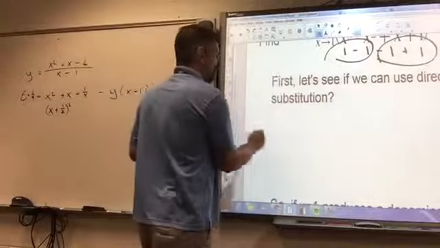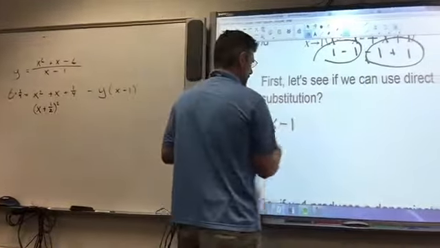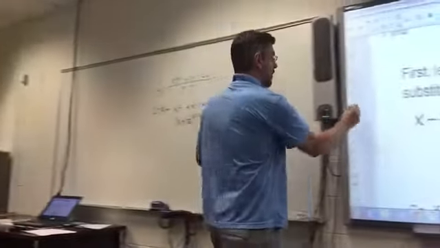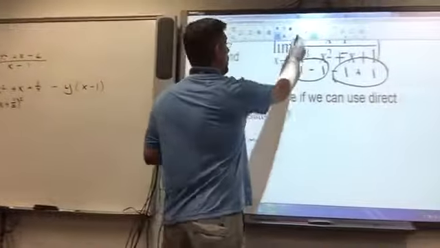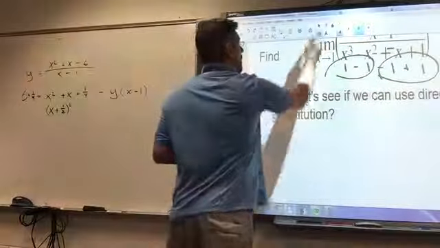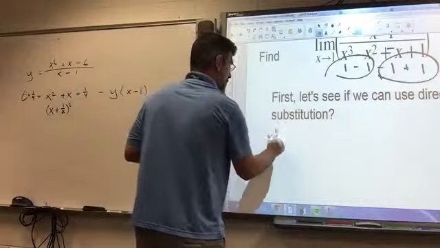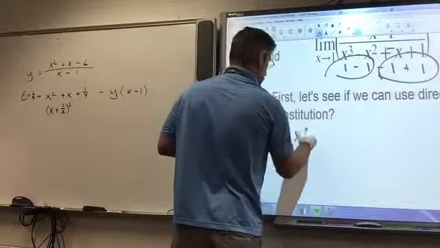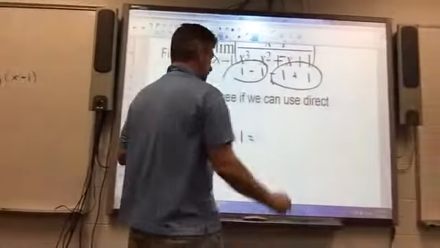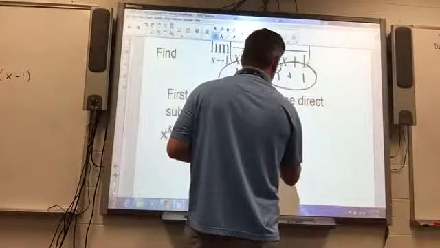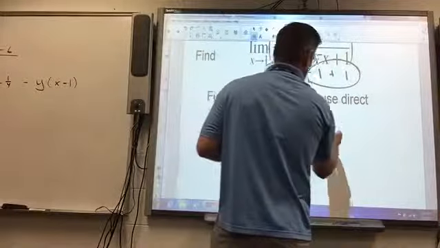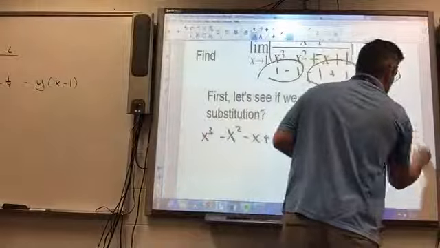Because 1 is a 0 of my denominator, what does that mean? What does that say about the expression x minus 1 when I relate it back to the denominator? This is polynomial stuff here that we're talking about. So, x cubed minus x squared minus x plus 1 is going to equal x minus 1 times something.